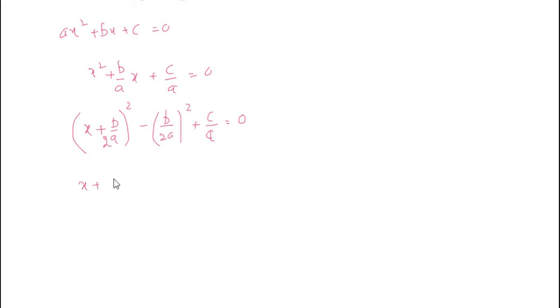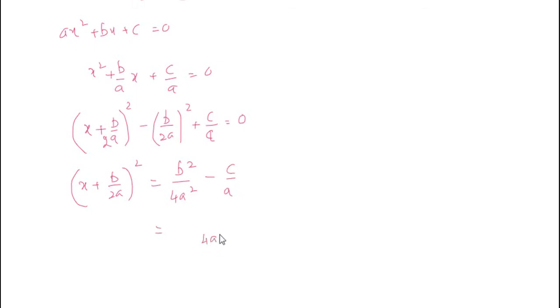Now x plus b by 2a whole square equals, the constant term we will take to the right side. This becomes b square divided by 4a square. This is minus here. When you go to the other side, it becomes plus. So it is b square by 4a square minus c by a.